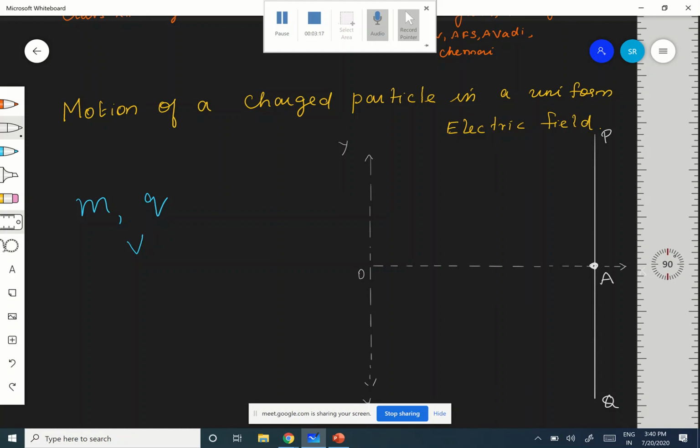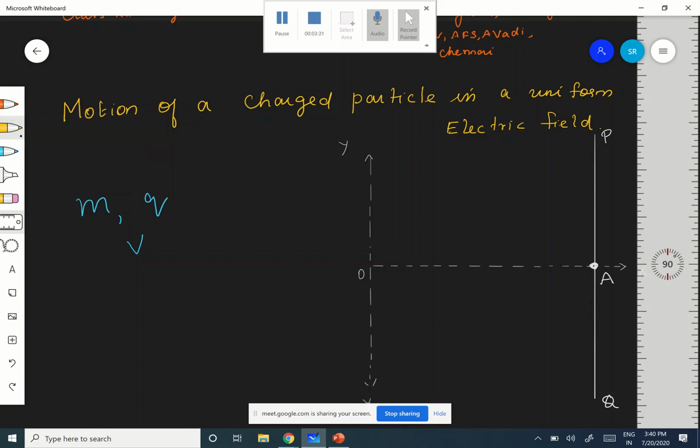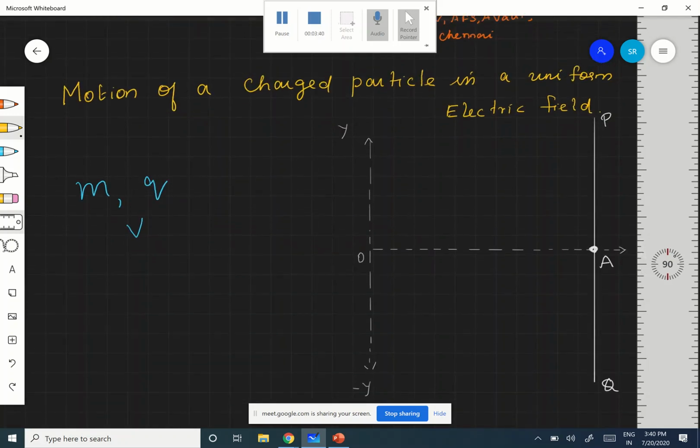Now I'm going to apply a field, let it be in yellow color. The electric field, in which direction? Along the y direction, so it is y and minus y.